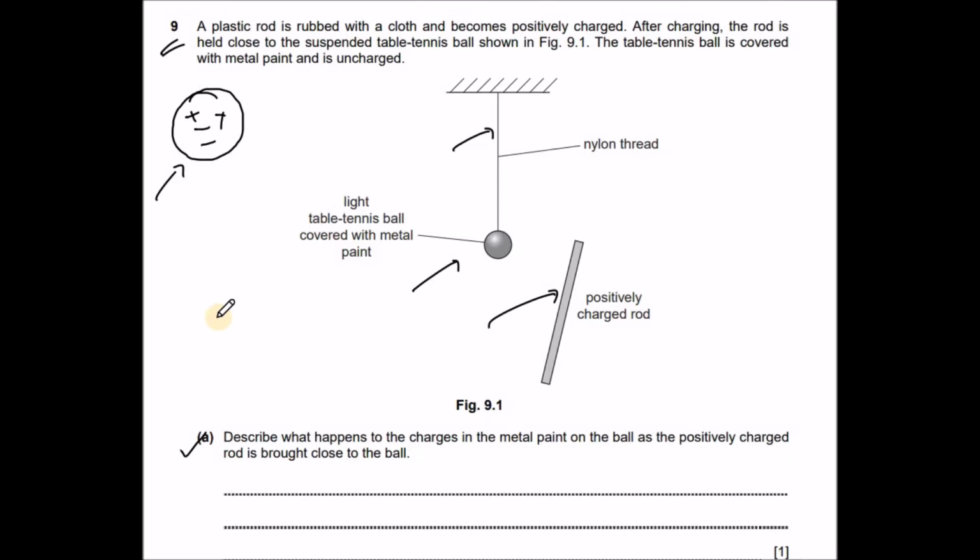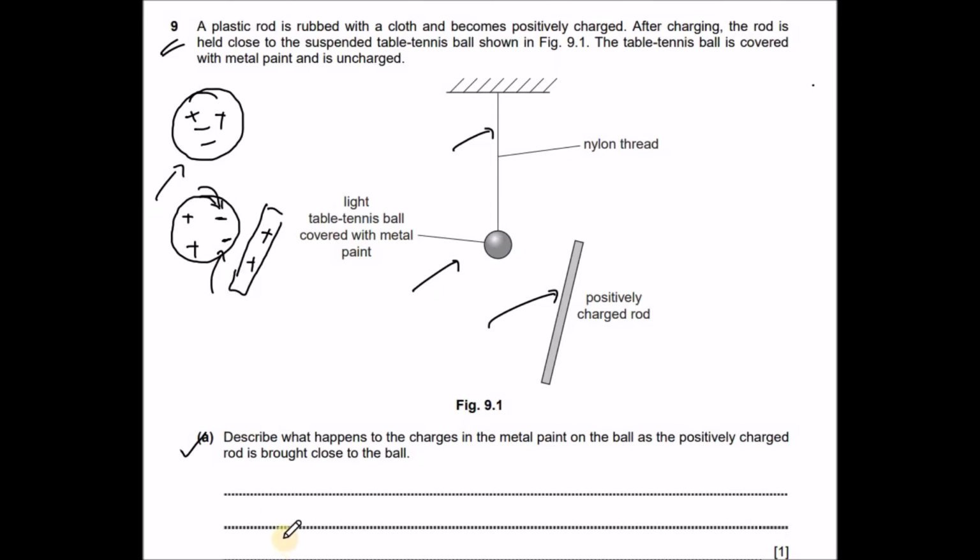Then what happens when you bring a positively charged rod close to this metal sphere? These negative charges or electrons move towards the right side. You can see here.